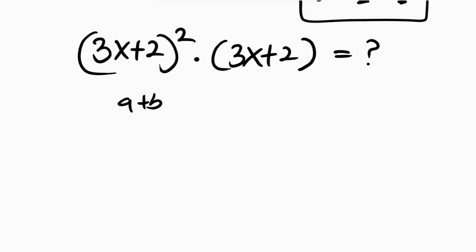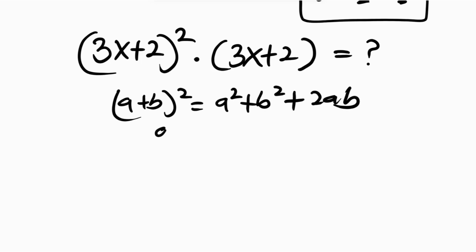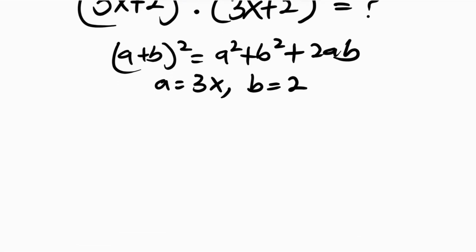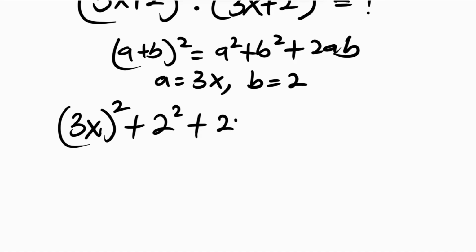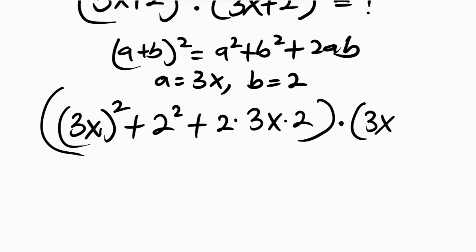Okay. Now, we know what (a plus b) squared is. (a plus b) squared is a squared plus b squared plus 2ab. Our a is 3x and our b is 2. So now we have (3x) squared plus 2 squared plus 2 times 3x times our b, which is 2, all multiplied by (3x plus 2).